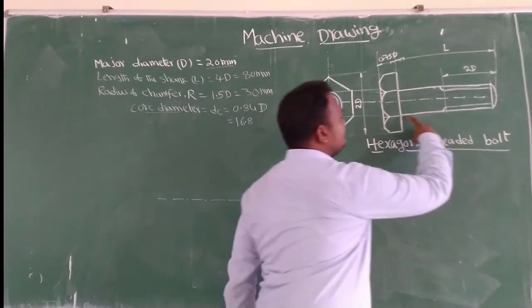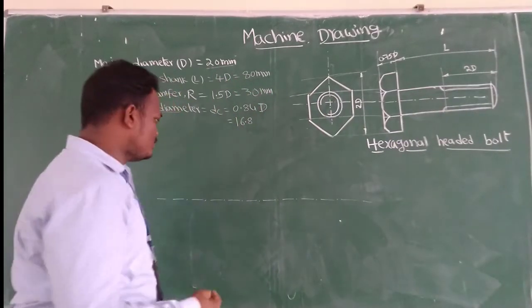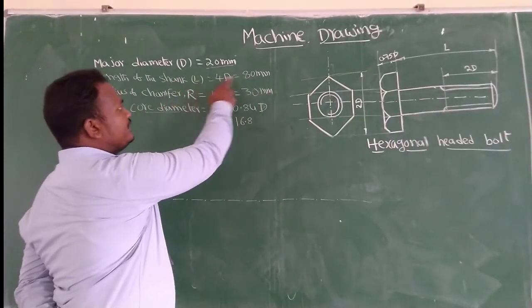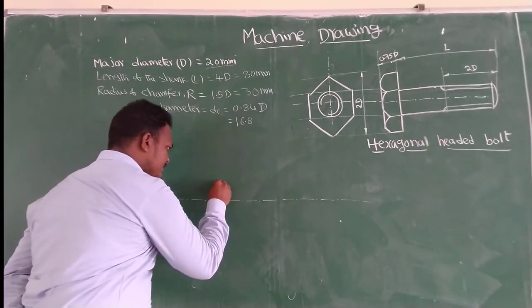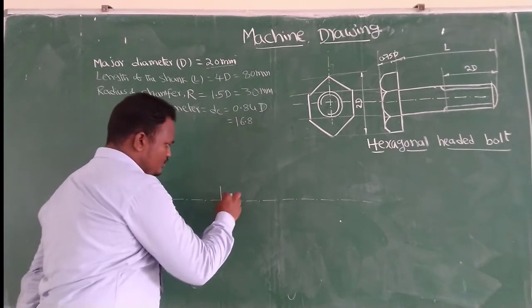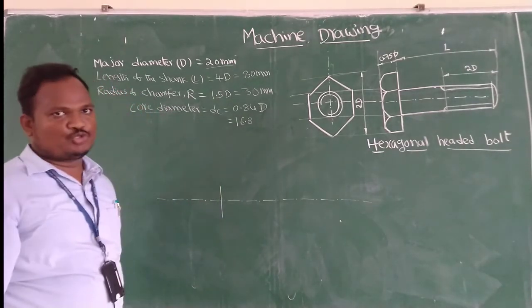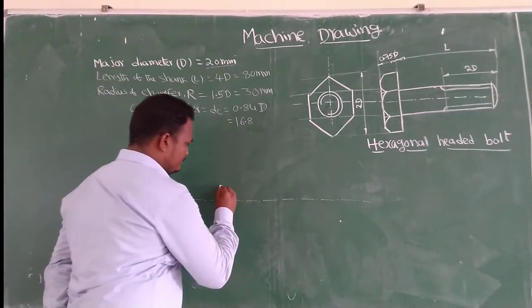What is the length? It is L, and L is 4D, that is 80 mm. First of all, take the diameter D, 20 mm, and you have to take the length up to 80 mm.